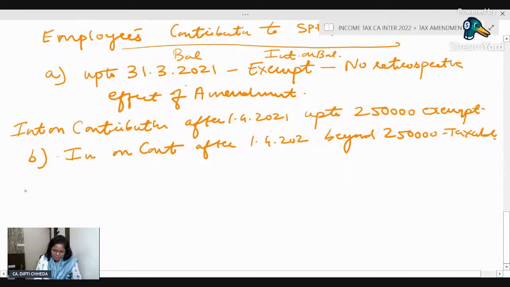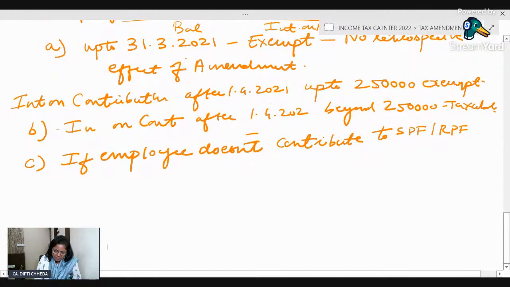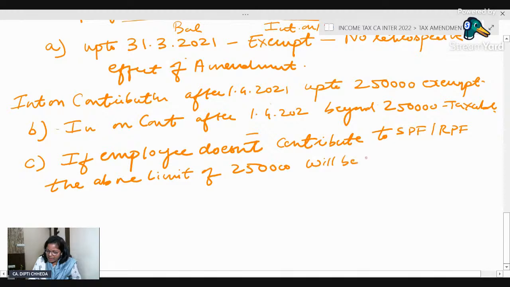Now in this, see, if employer doesn't contribute to SPF and RPF, then the above limit of 2,50,000 will be taken as 5 lakhs.